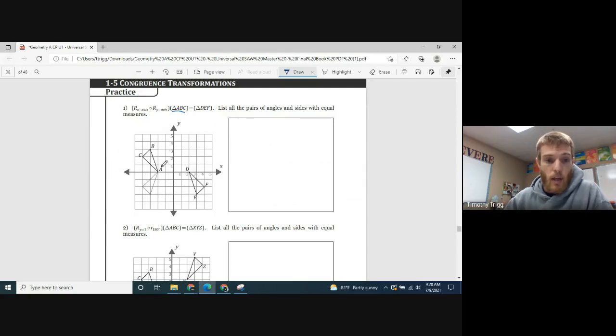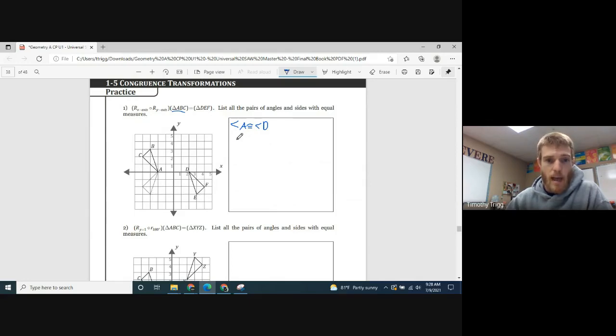So angle A here in the original, let's start by listing out all the congruent angles. So angle A will be congruent to angle D. Hopefully you can see that there. Now angle B, which one would be the congruent angle? Would that be E or F? Well, hopefully you can see that angle B, it would reflect down to here, then reflect over to here.